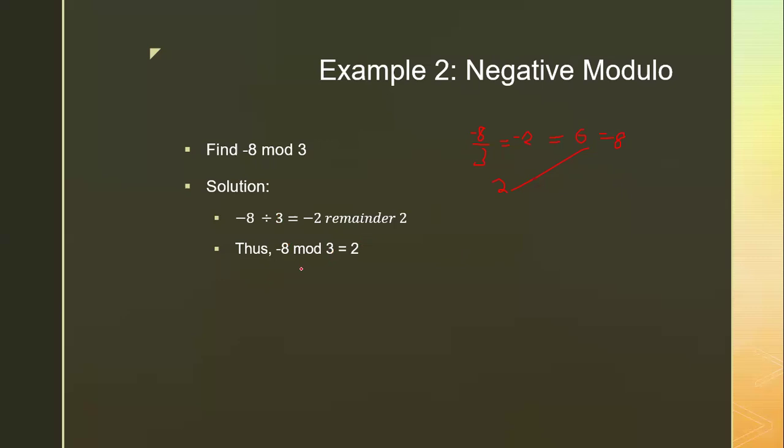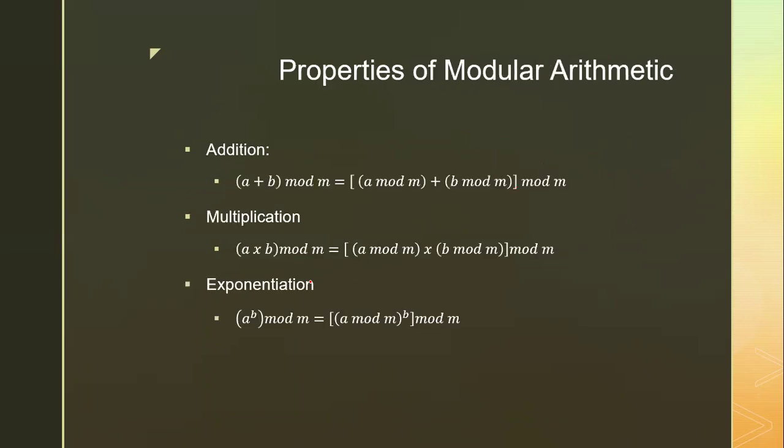So what mod is interested in is the remainder. We've got a, and then we've got m, right? a mod m is equal to the remainder, not the answer, but the remainder of the answer. I hope that makes sense.